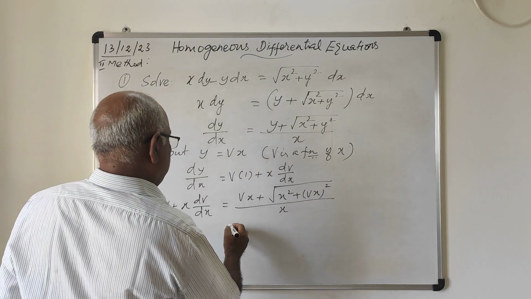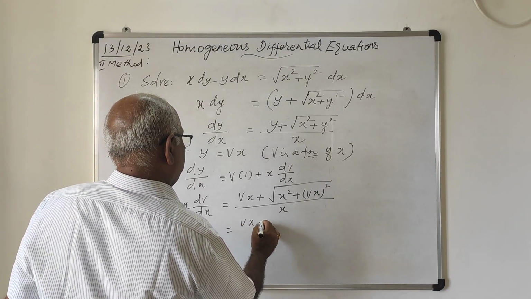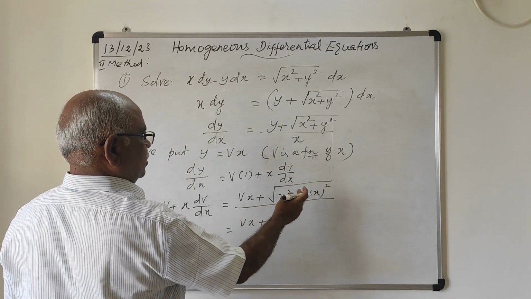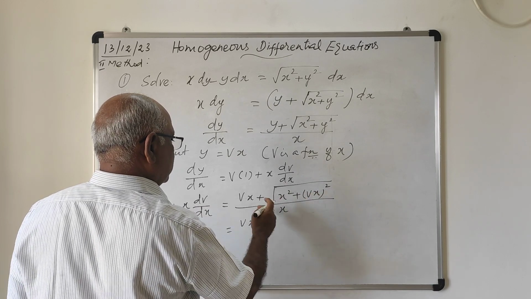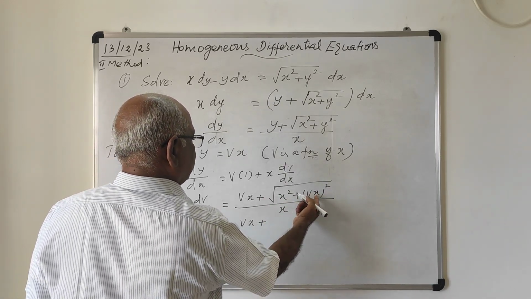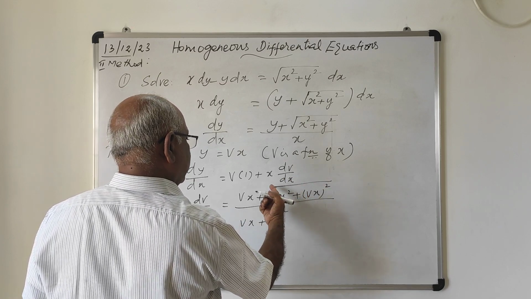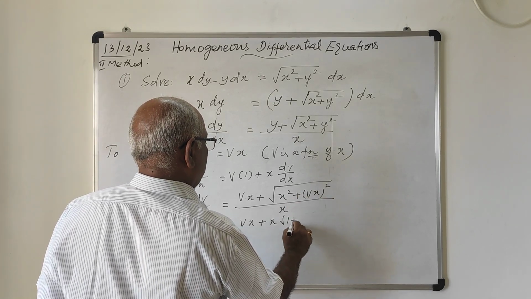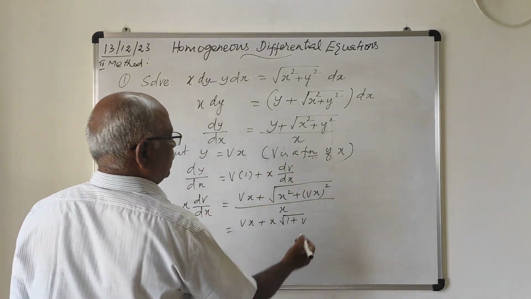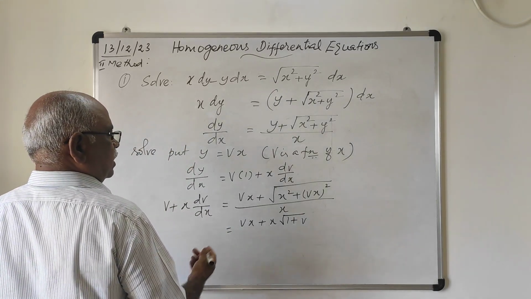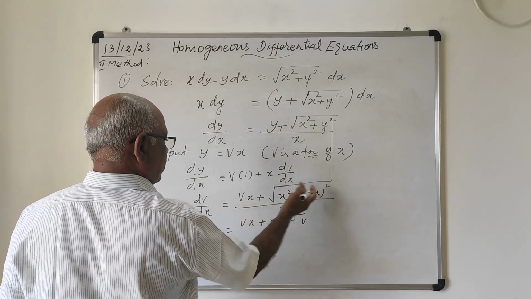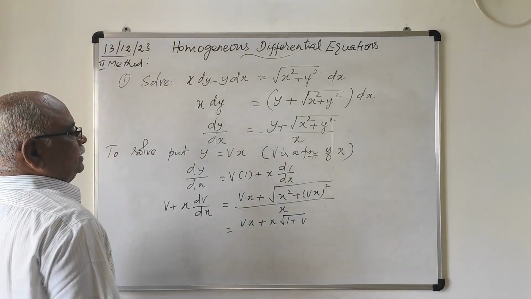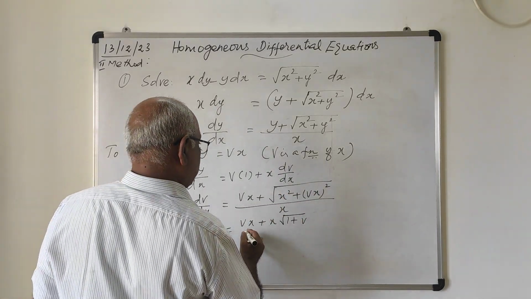In this case, v square x square, if you take x square as a common term within the square root, you will get x only. X into root of 1 plus v square.